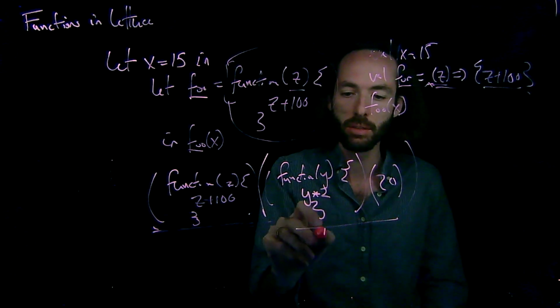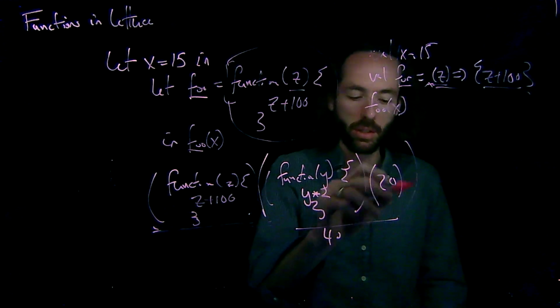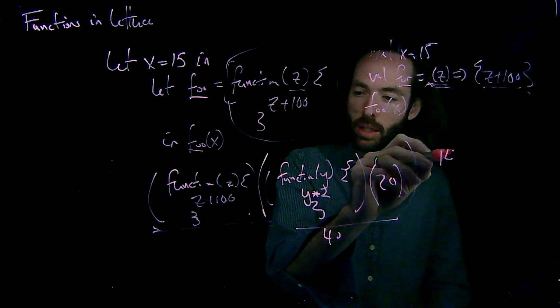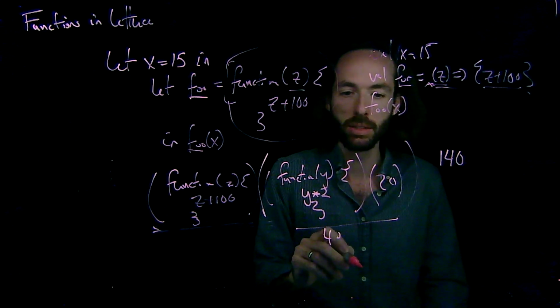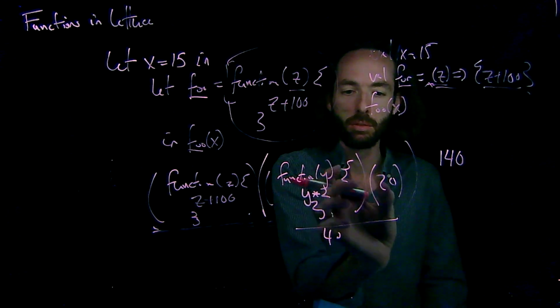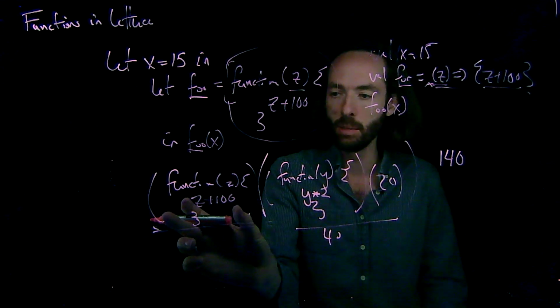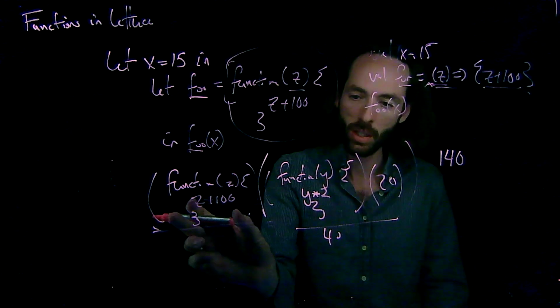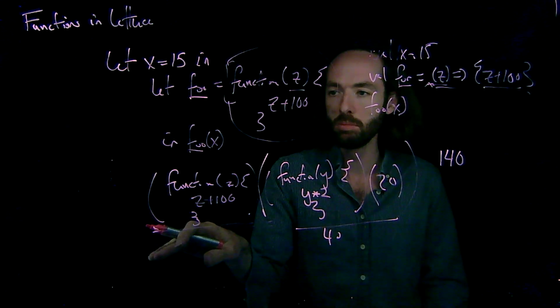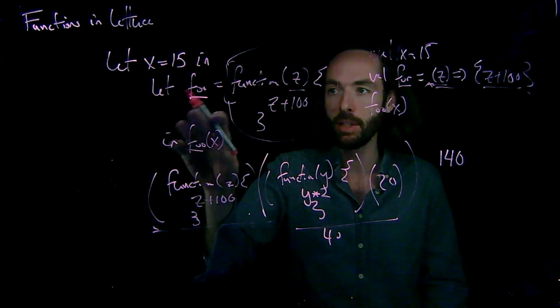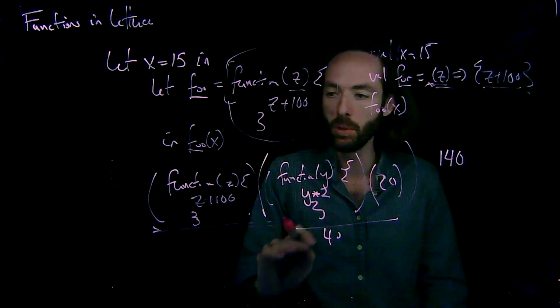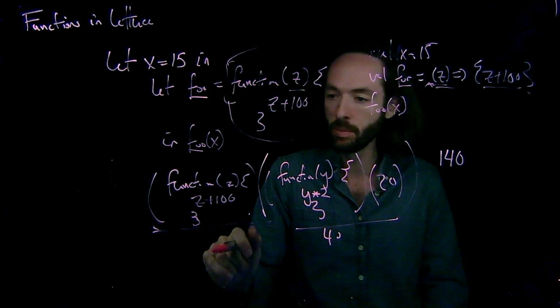That's going to turn it into 40. And then we'll add 100 to it. So we'll get 140 out as our final answer, right? This gets eaten by this, and then whatever this returns gets eaten by this function. So this is how we could play with Lattice without having to actually give any names, right? We're just doing pure anonymous functions.